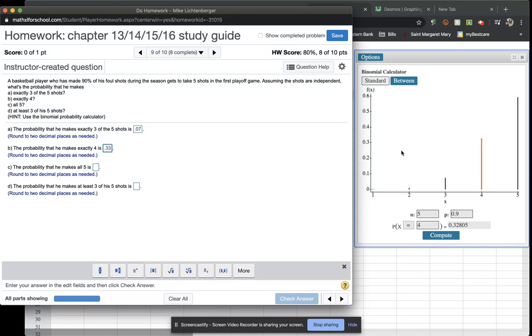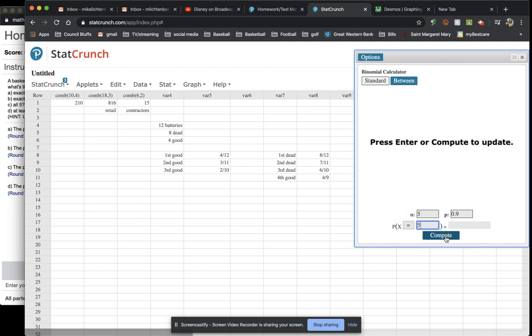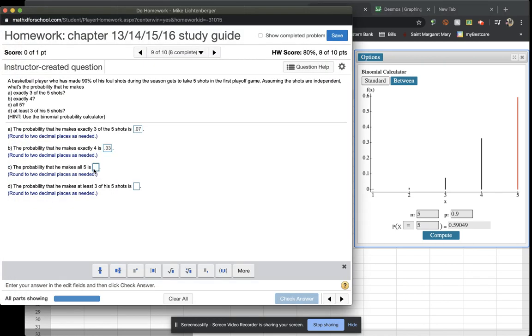Probability that he makes all 5. So that would be, again, all 5 would be exactly 5. So keep that as equals, change the 4 to a 5. Rounded to 2, that would be 0.59. And the probability that he makes at least 3 of 5.